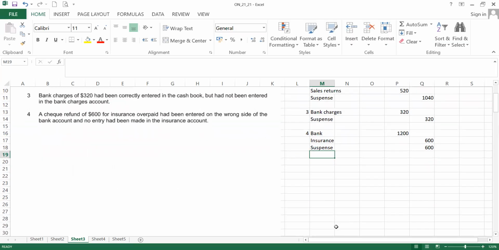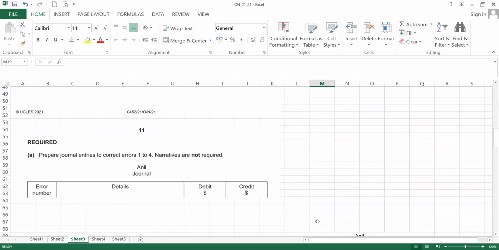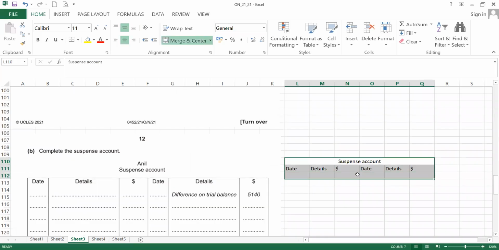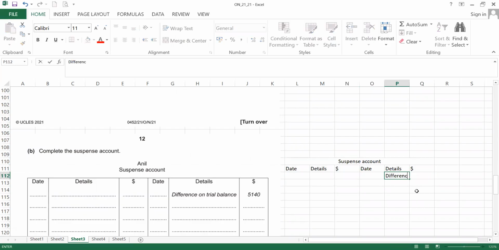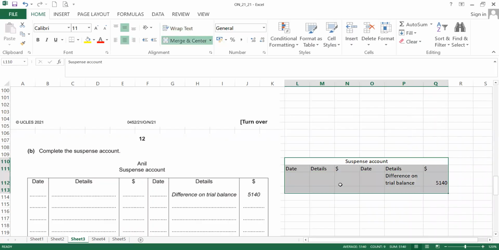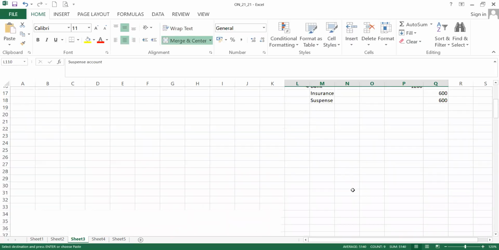Okay. Now the next is that they asked to prepare the suspense account. Here they have given us the difference on the trial balance, 5140. We bring this one above.